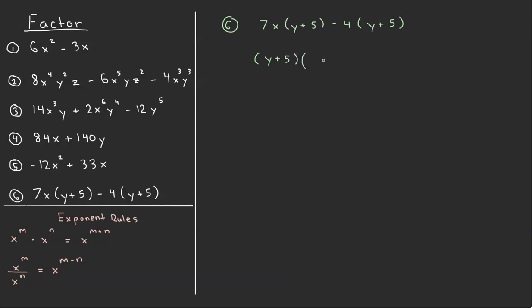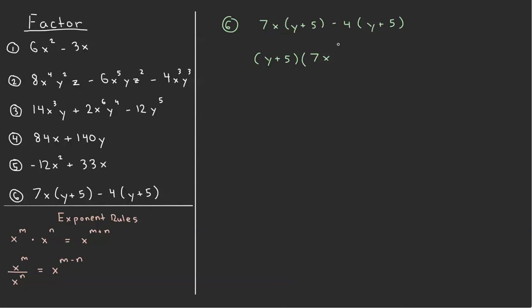We open up a set of parentheses. And we're going to ask ourselves what is left behind after we divide out y plus 5 from this piece and this piece. And once you divide y plus 5 out of the first piece here, you're left with simply a 7x. Or again, you may want to think about it, y plus 5 times what will give me this piece here?